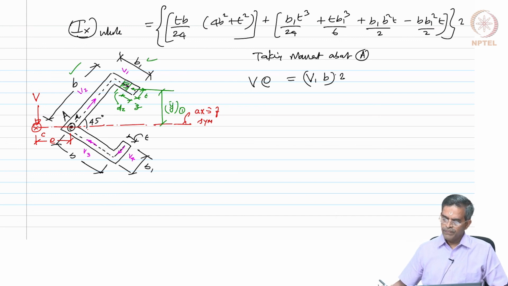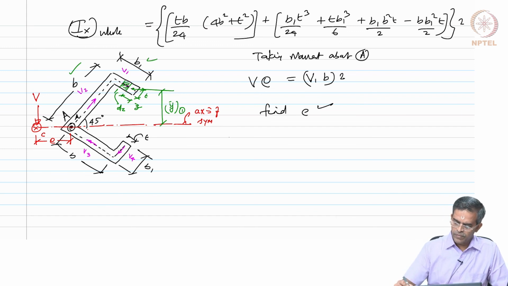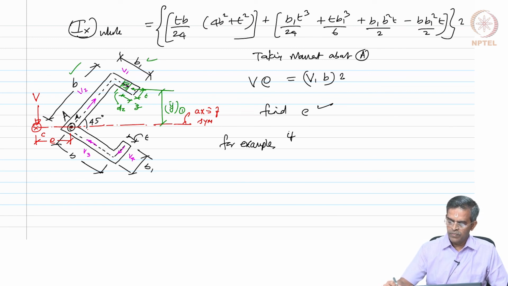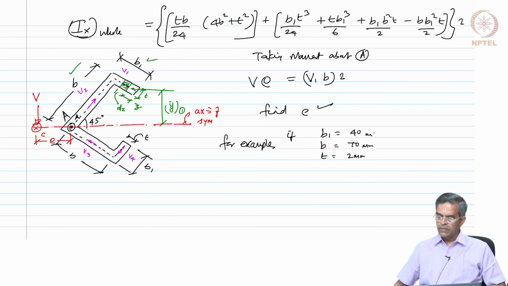So, now I have V, I have V1, I have B. So, find E. So, for example, if B1 is 40, B is 70, T is 2 millimeters, okay, you can find E.